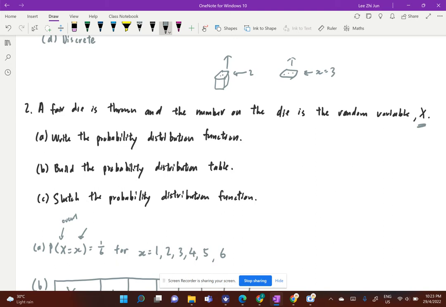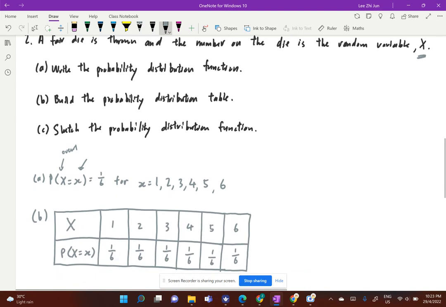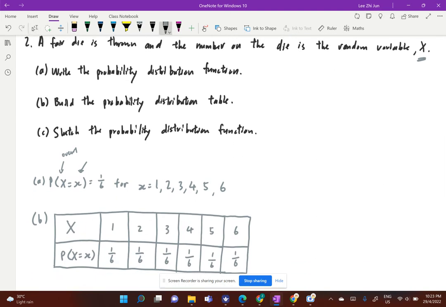Okay, build the probability distribution table. So just simple, you build the x at the top, and the probability at the bottom. It can occur 1 per 6 times.